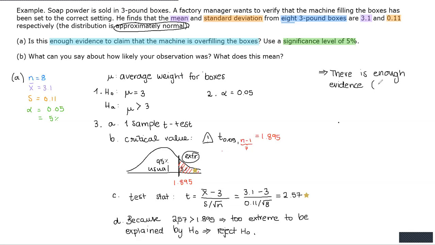And here I have to be very careful to be explicit about what the level of significance is, with alpha equal to 5%, to conclude, to reject the null hypothesis, which means that most likely the machine is overfilling. The machine seems to be overfilling the boxes.